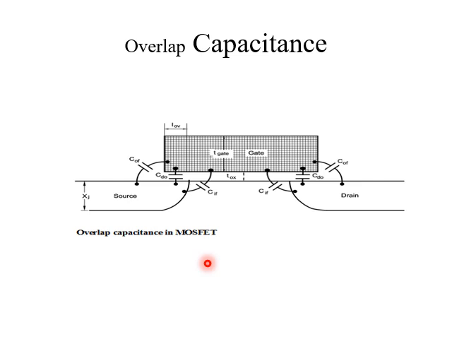A MOS transistor can be viewed as a four-terminal device with capacitance between each terminal, as shown here: the gate, source and drain terminals, with capacitance between gate and drain, and drain and source. These are the overlap capacitances.